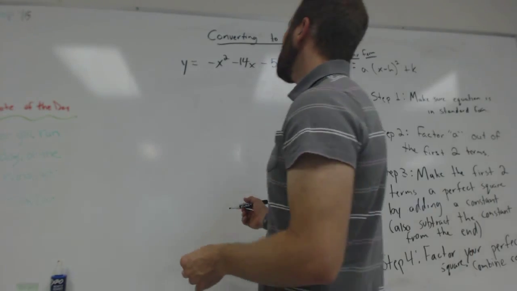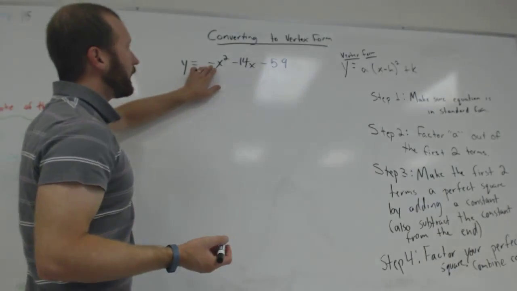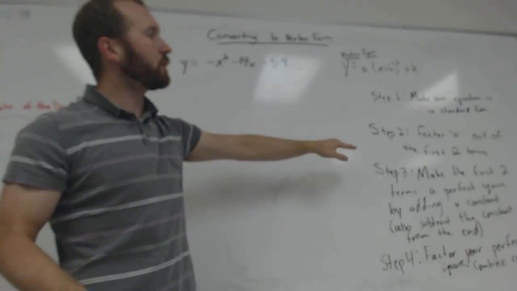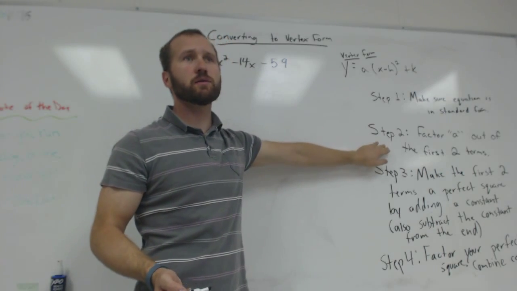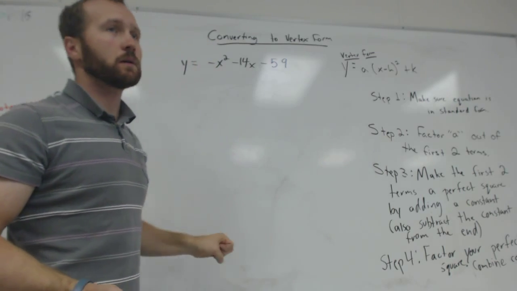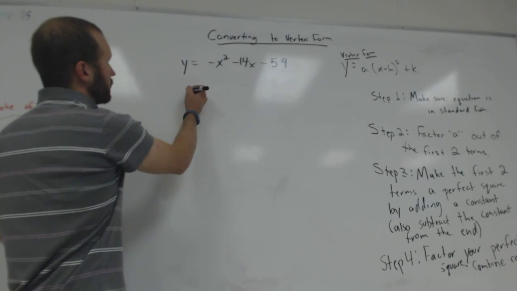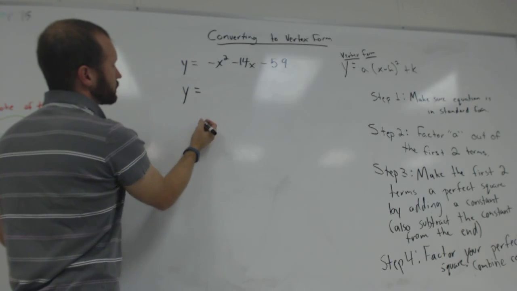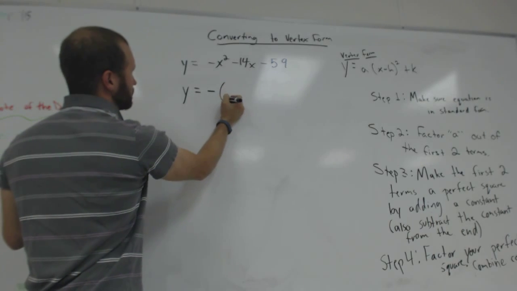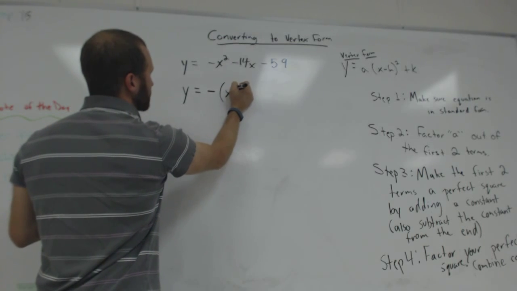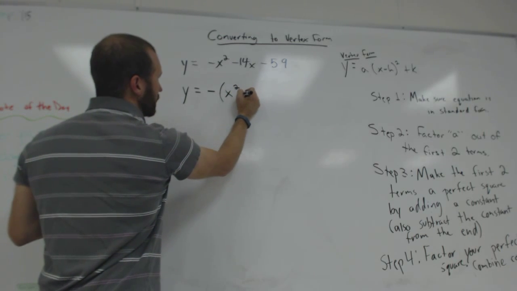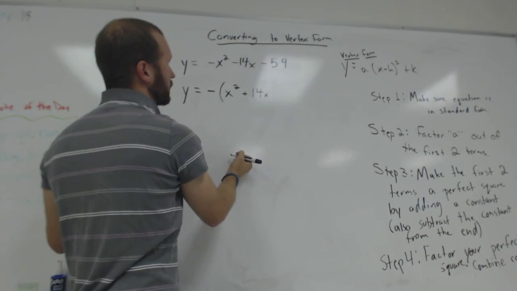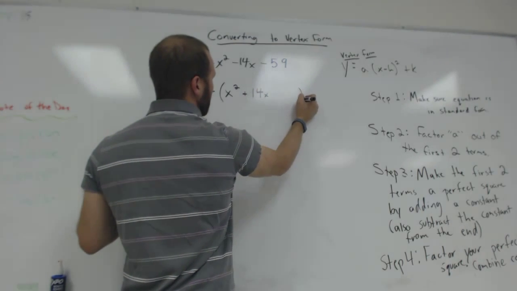Yeah, so I have to factor out a. But notice I'm only factoring it out of the first two terms. So y equals negative x squared plus 14x, and I'm going to leave a space there outside.